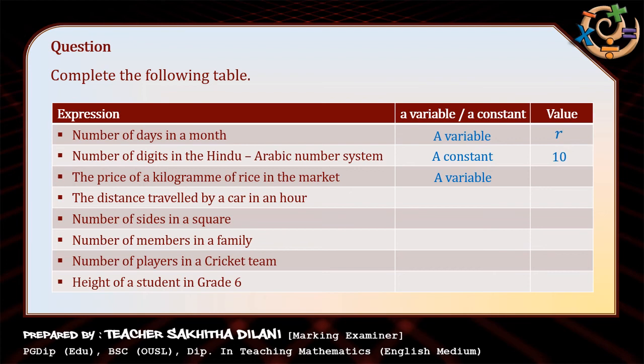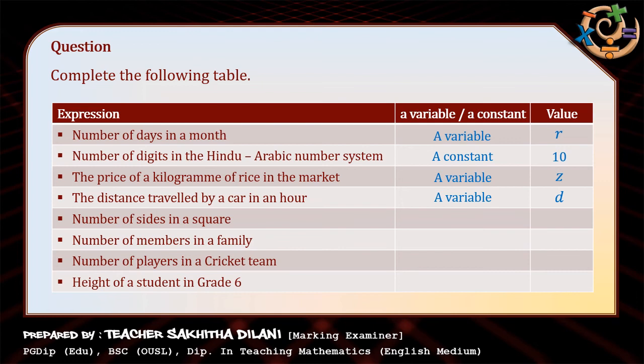Here I have used simply Z. Next one, the distance travelled by a car in an hour. It is also a variable, so you can represent it using an algebraic symbol. Here I have used simply D.